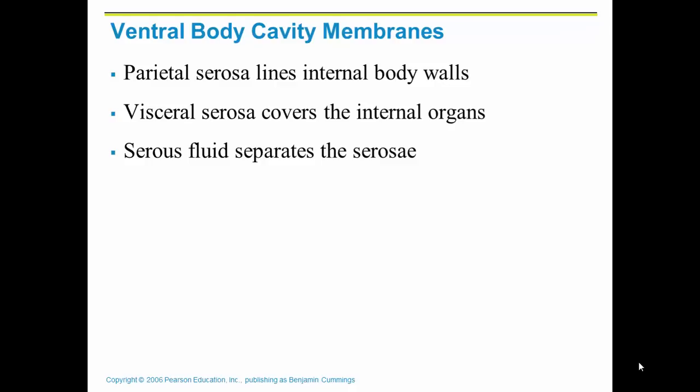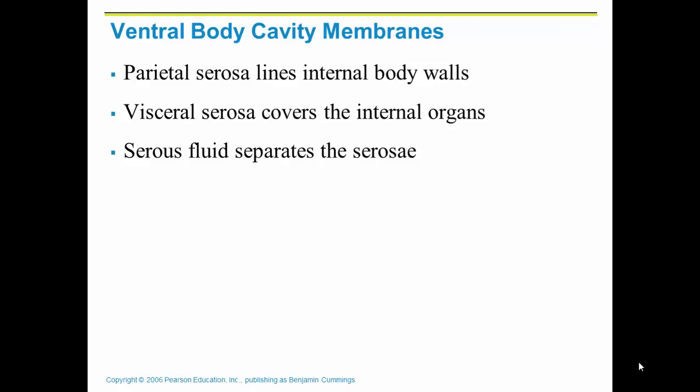So where your heart is, you are going to have this membrane that is lining the actual pericardial cavity. Then you have something called a visceral membrane or serosa that actually covers the organ itself, because viscera in science means organ.